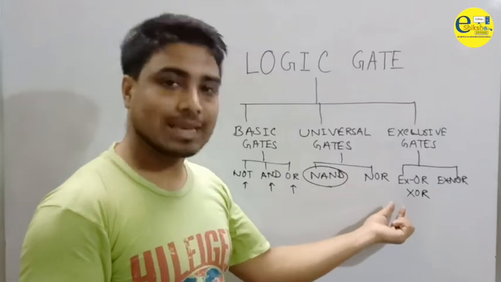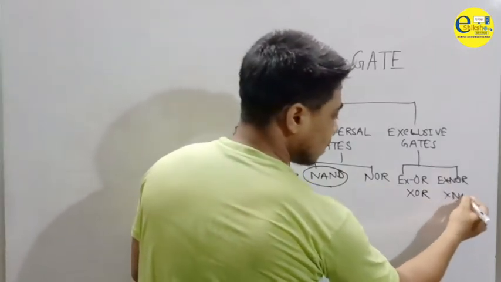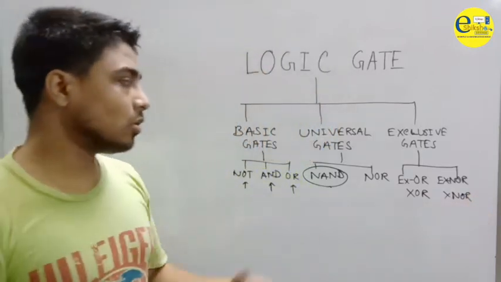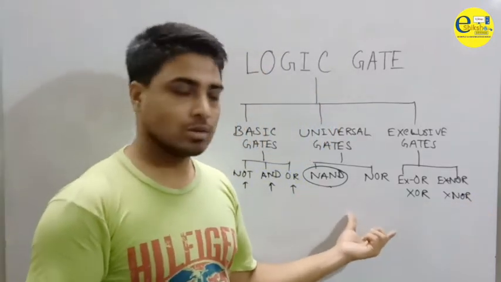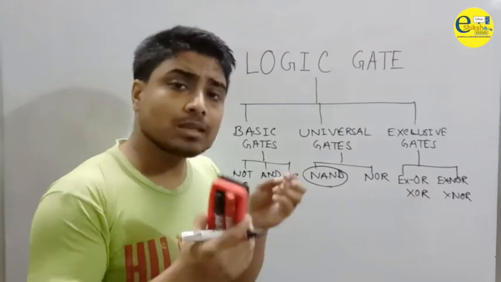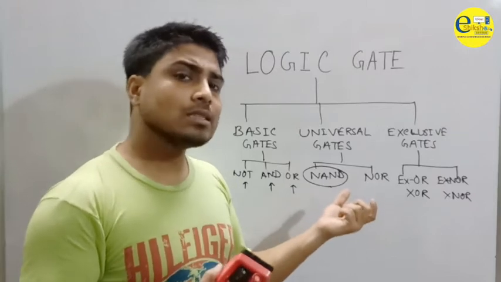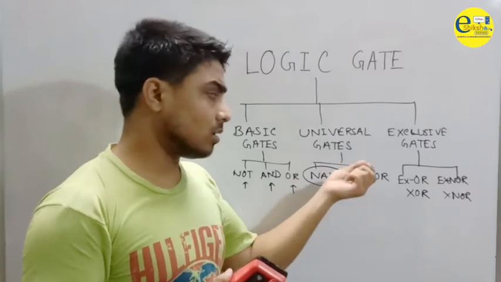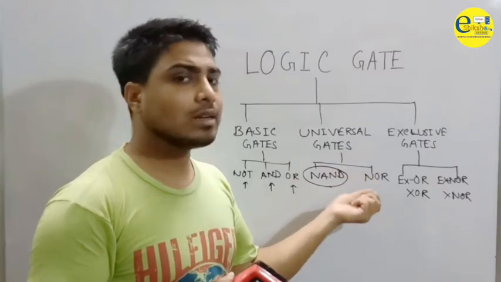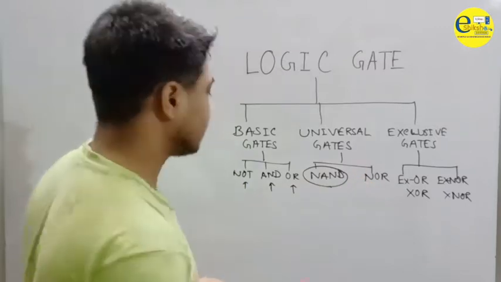This X implies exclusive. So why is it called an exclusive gate? Because it has some exclusive properties. Later on we will see why it is called an exclusive gate, because if I explain now, you can't understand anything. So it is better to discuss it later.